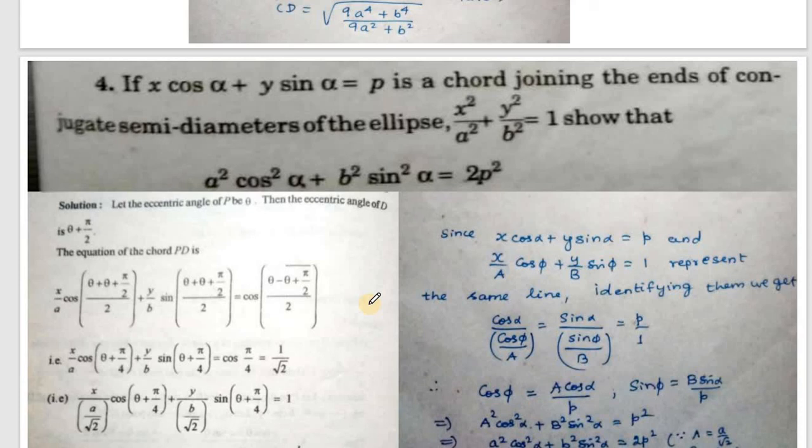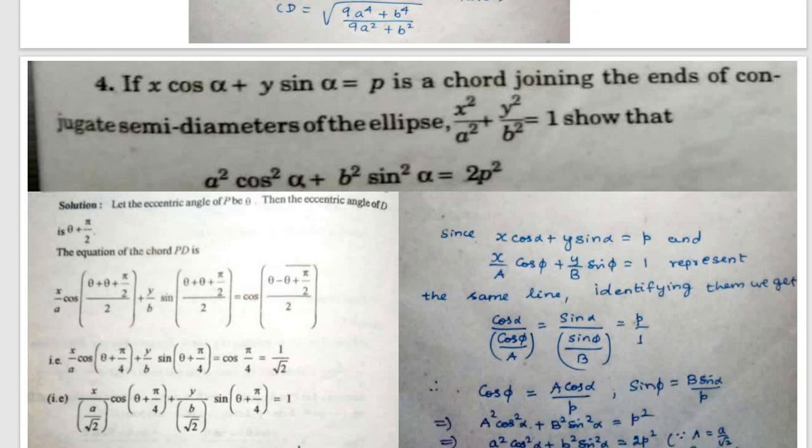Then the next one: if x cos alpha plus y sin alpha is a chord joining the ends of conjugate semi-diameters, we are asked to show something.